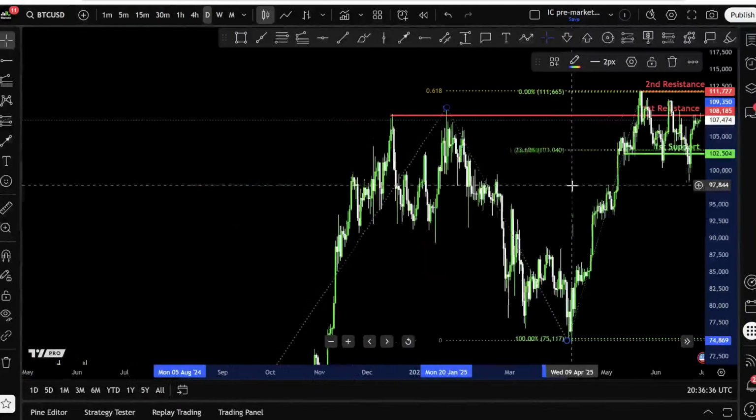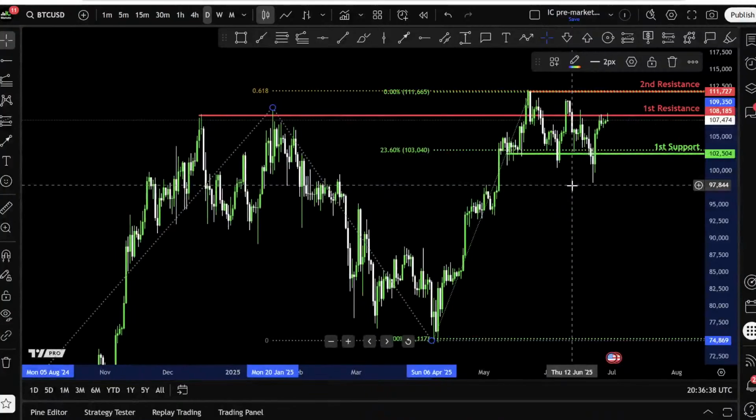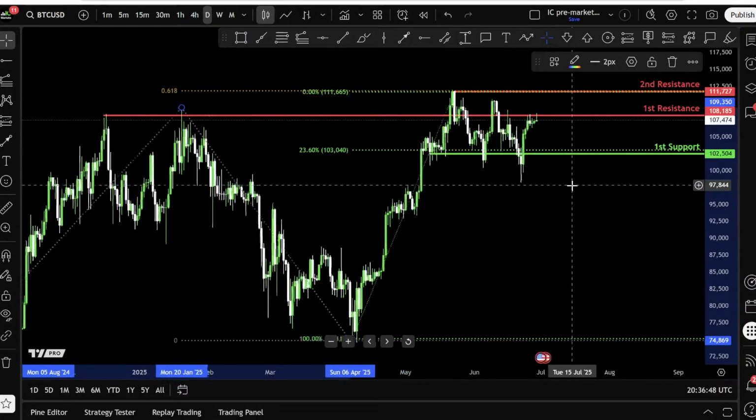Can you guys find any other levels? Okay, I think that's all the levels we have.